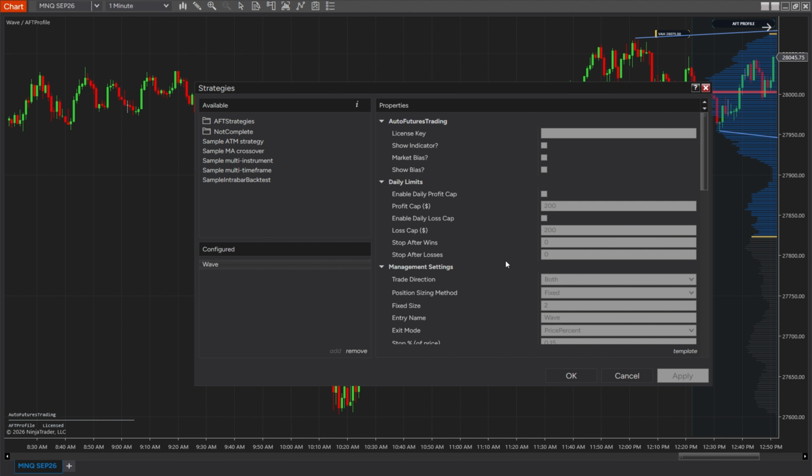You can choose individual operating days, create custom no entry periods, and enable an optional market bias filter to avoid positions that oppose the broader directional outlook, which would be the market bias, and then you could see the bias. For more context, Wave includes an optional indicator that can be displayed directly in the chart, which all of our other strategies have as well.